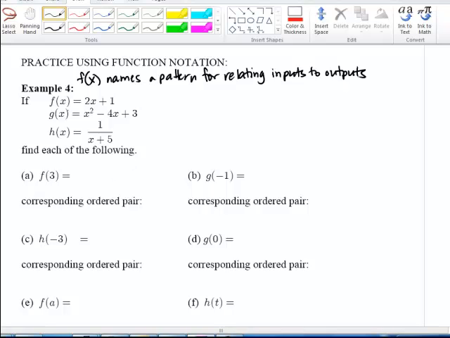So we're going to substitute the value in parentheses for the x in the pattern. We'll always substitute the value or the expression in parentheses for the x in the pattern.